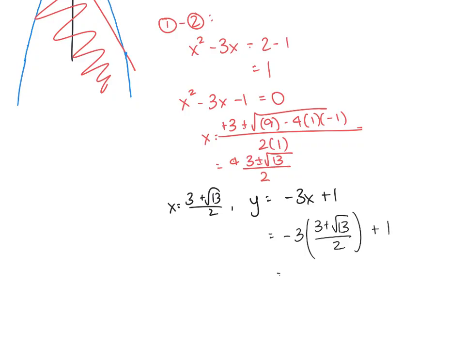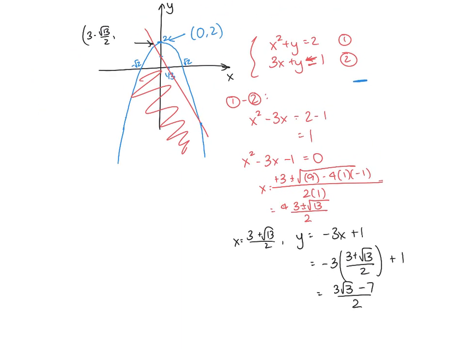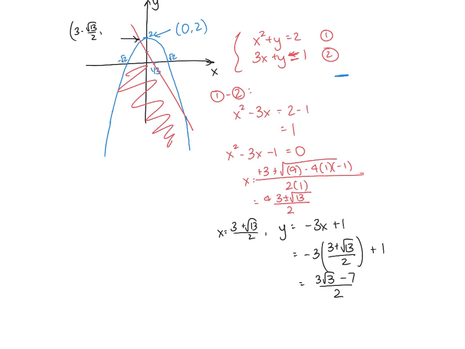So over here, that's minus 9 minus 3 root 13 plus 2, so that's minus 7 minus 3 root 13 over 2.